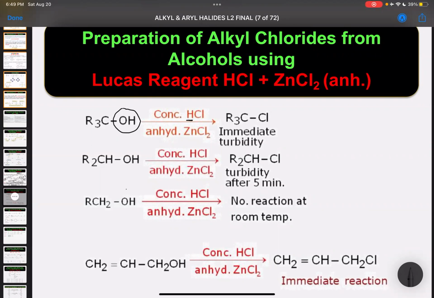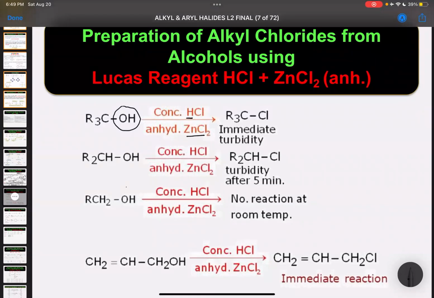So the purpose of ZnCl2 is also the same, along with HCl. So H plus is mandatory. That is very important. So you take ROH, it protonates and water comes out very easily.